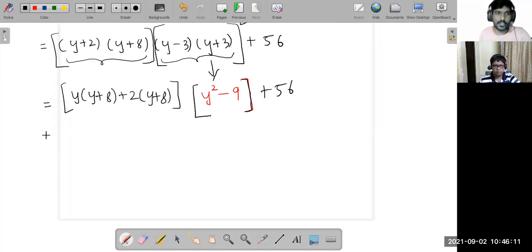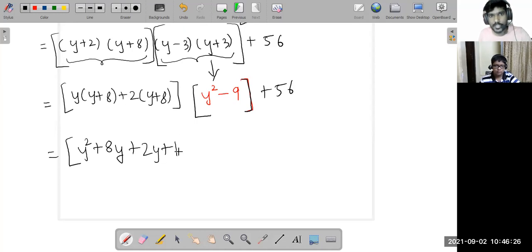Okay. Now just let's complete it. So this becomes y into y square plus 5 into 8, 8y plus 2 into y, 2y plus 2 into 8, 16. And this y square minus 9 as it is.